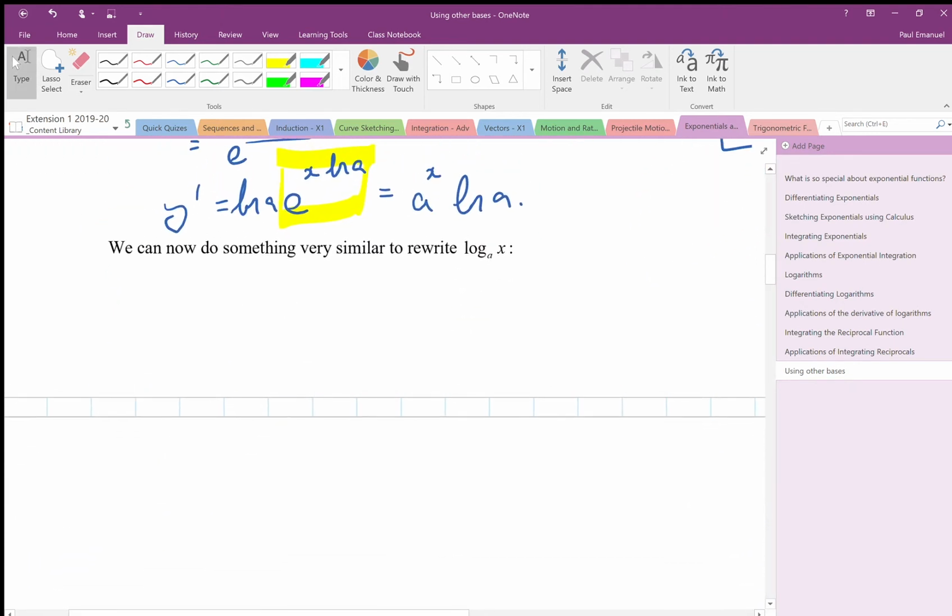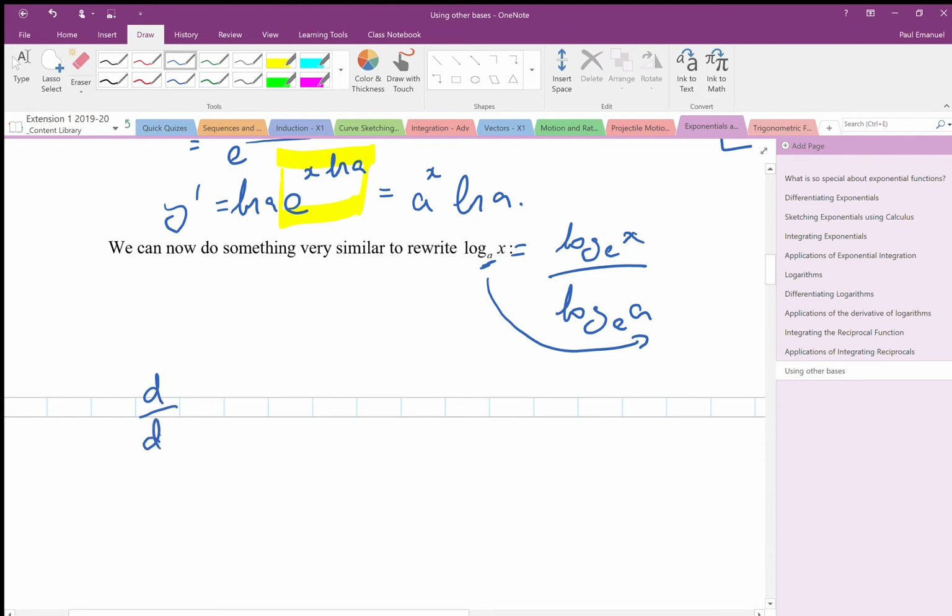And so we can basically then do the same thing with log base a of x. We can say, well, log base a of x, using the change of base formula, which remember says the base goes to the base, we change it to log base e, so we get log base e of x divided by log base e of a, and the base goes to the base.